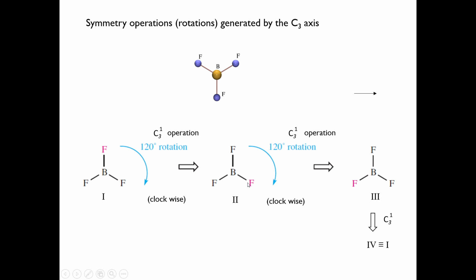Once again, if you do another 120 degree rotation, the fluorine moves to the left side. Now we have completed a 240 degree rotation to get to configuration 3. After that, if you repeat C3 once more, we complete C3 3. C3 3 means 3 times 120 degrees, so we have covered a 360 degree rotation. Whenever we cover a 360 degree rotation, we get the identical configuration.